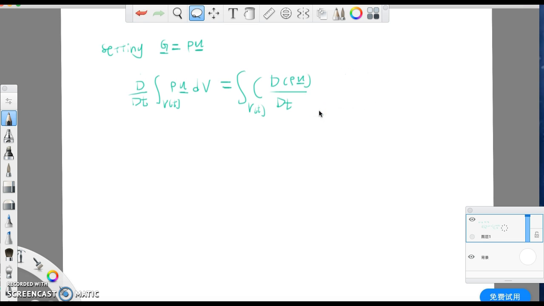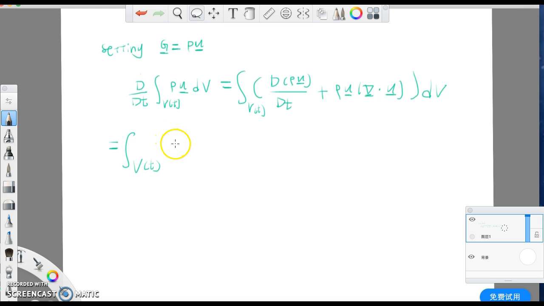And there's an extra term. This extra term is plus rho u times divergence of u, and that again dV. So let's just expand the right-hand side. Still the integral over V of t.